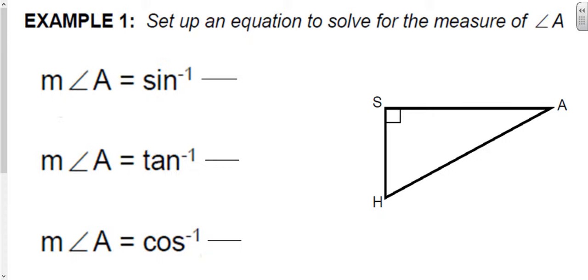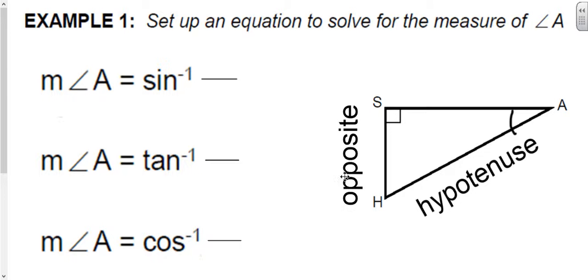Let's see, the first thing I'm going to do, it's with respect to angle A here, so I'll label my sides. Here's the hypotenuse. Opposite will be opposite angle A, the one we're doing for. And there's adjacent. So the measure of angle A will be found by taking the inverse sine of what? The side opposite, which is side SH here, over the hypotenuse, which is side AH.